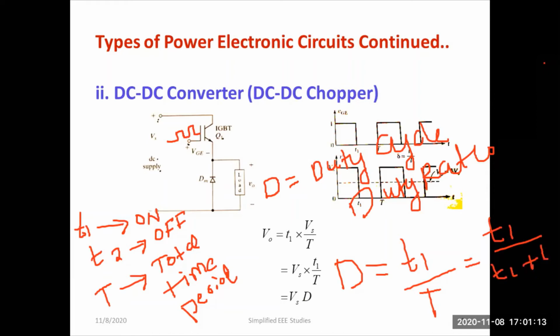T1 stands for the on period, T2 stands for the off period. So T1 plus T2 means the total time period. So T1 divided by capital T, where capital T stands for T1 plus T2, that means the total time period.